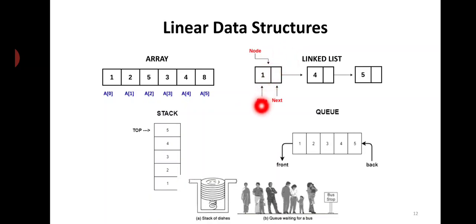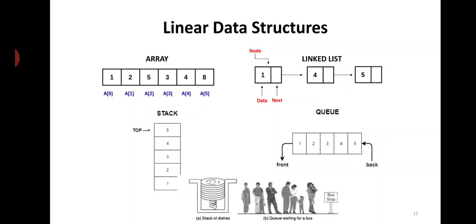First part is called data, which stores the data, and the next part is called the address part, which stores the address of the next. So this next part stores the memory address of the data 4. In the same way, this part shows the address of the data 5. So linked list is also a linear data structure.